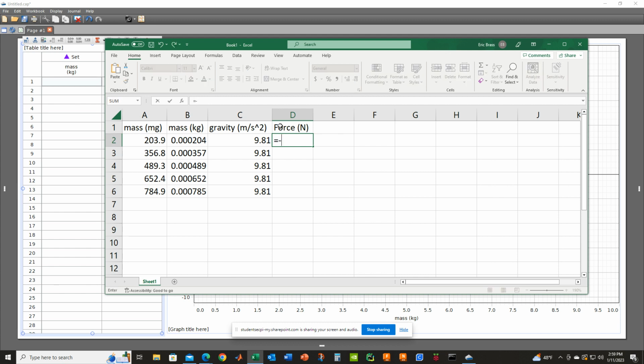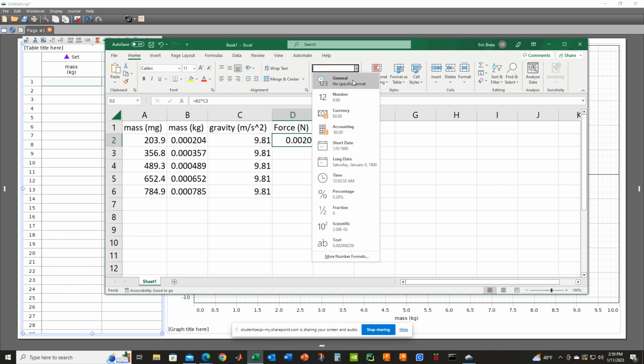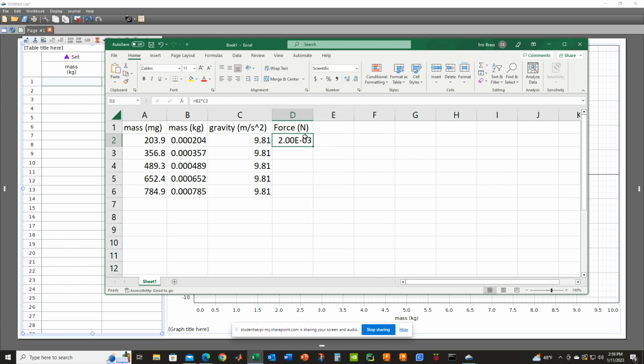So this is going to be equal to the mass times gravity. I think I want a few more decimal places, or put this in scientific notation. You know what? I'm just going to put it in scientific, and then I will fill this down by double clicking.